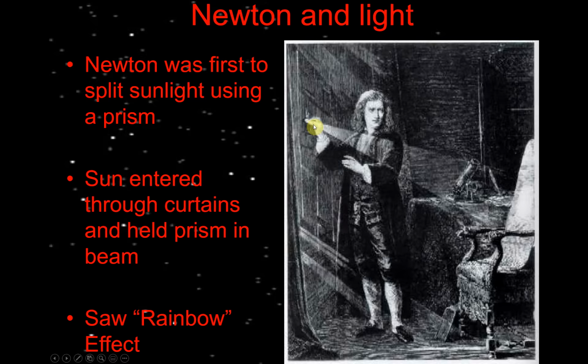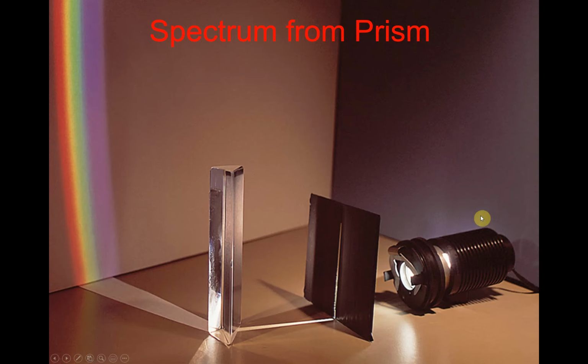This actually causes light to be broken down as it's bent in two different directions. The sun entered this prism and he projected a rainbow effect here onto his chair. And this is the effect we're talking about.